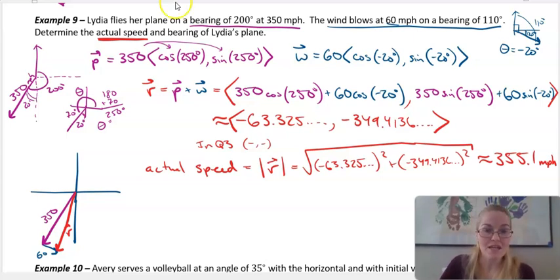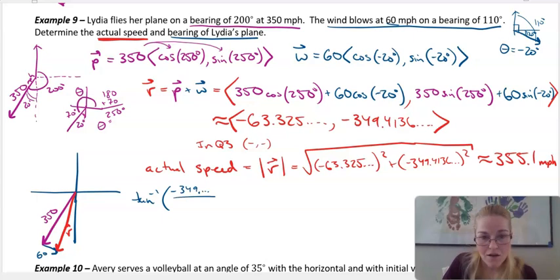Now to find the bearing, that's going to take a little bit more work. So to find the bearing, we have to think of a couple things. So first of all, if I were to just straight up take tangent inverse of this y value over this x value, negative over negative, think about this, if I do tangent inverse of negative 349 point whatever, all over negative 63.32 whatever, that's the same thing as tangent inverse of, well, if they were both positive, 349.4 all over 63.3.